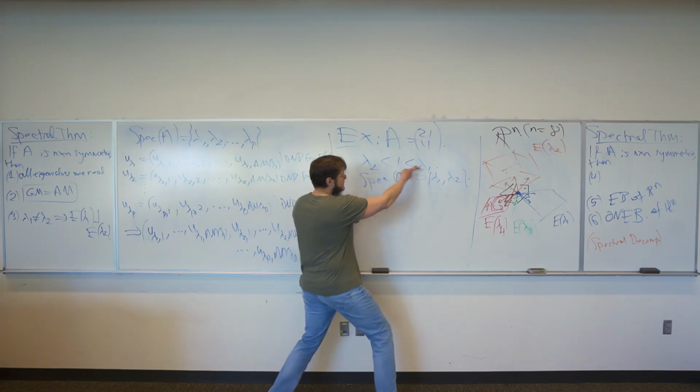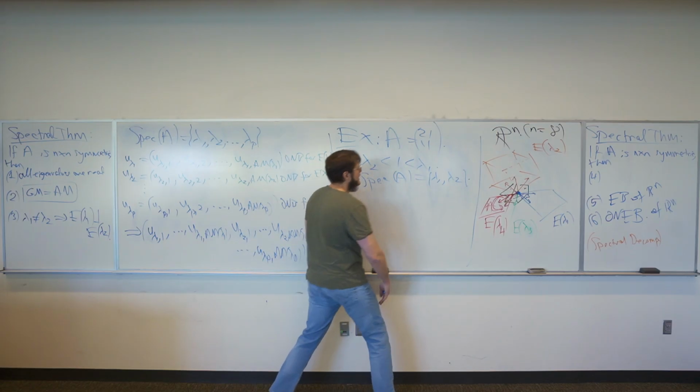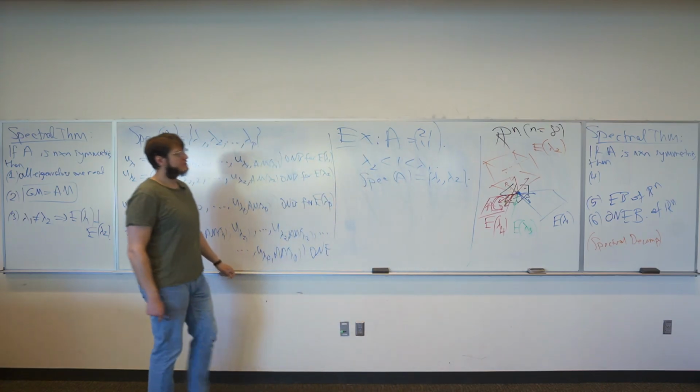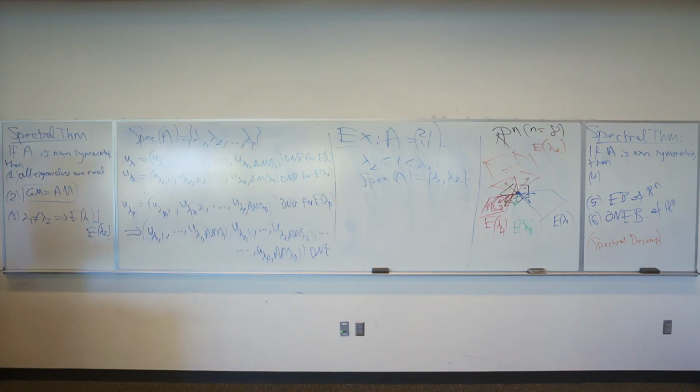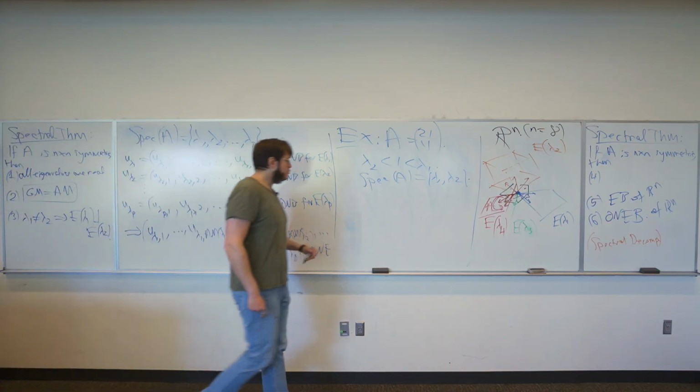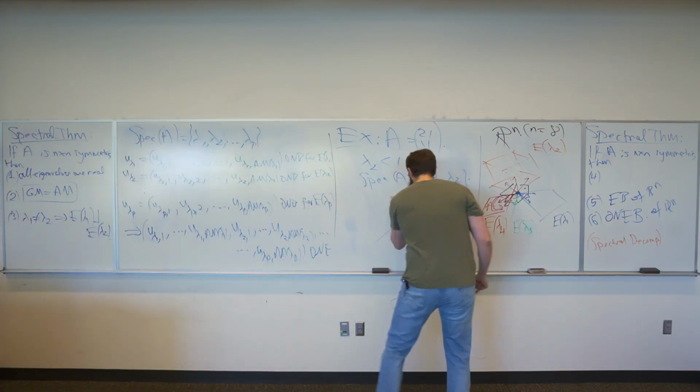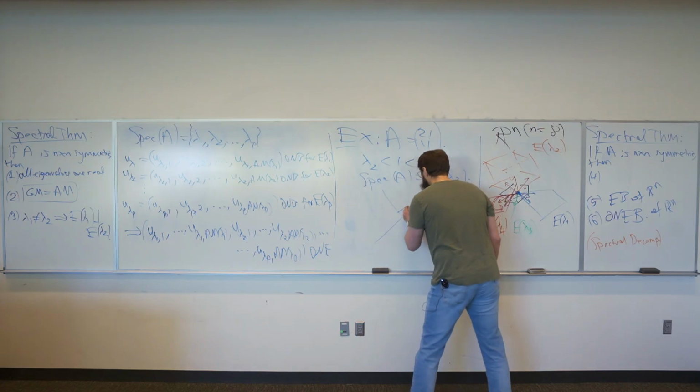Since in this case both of these are eigenvalues, the algebraic multiplicities have to add up to 2. That's the total dimension, which means both AM and GM for each lambda are going to be 1. So it's going to look something like this.